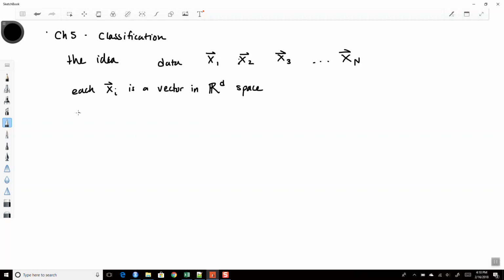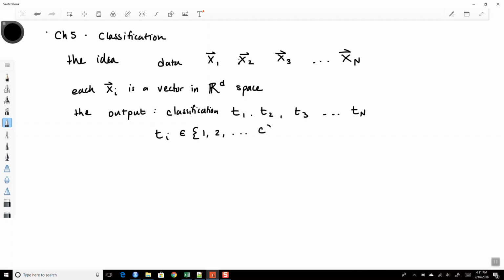And then the output will be some classification, T1, T2, T3, all the way through T sub n, where T sub i is going to be an element of some set of C possible classes.